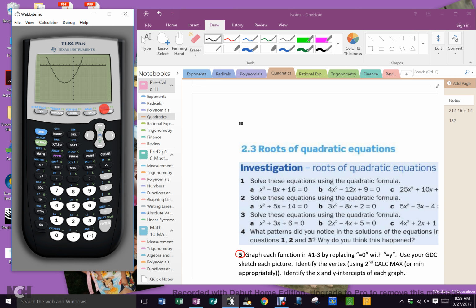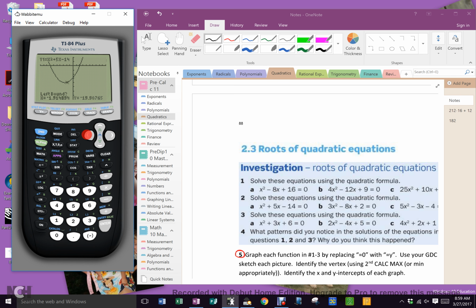Now is this vertex a minimum or a maximum? Minimum, because the graph goes up. So I go second, calc, minimum, 3. Am I on the left? There's my flashing dot. Is it to the left of my vertex? Nope, so I got to move it. You guys can just hold down the button.